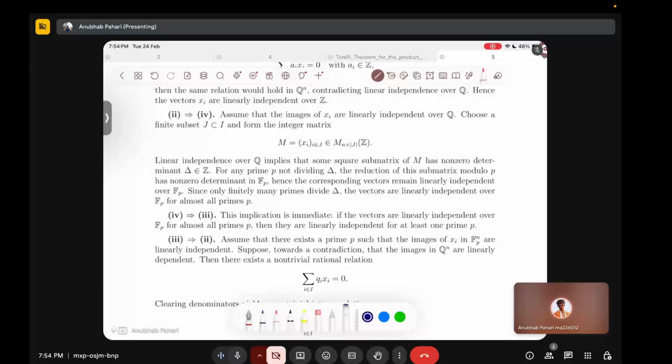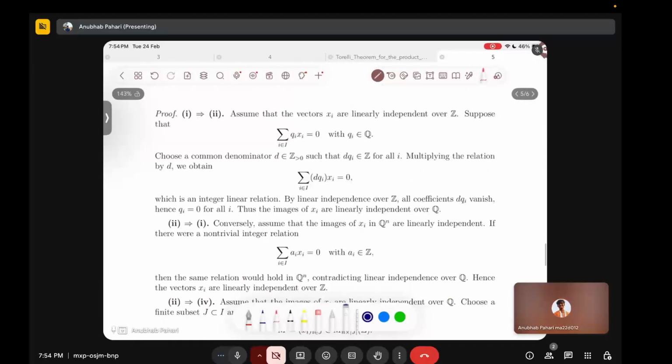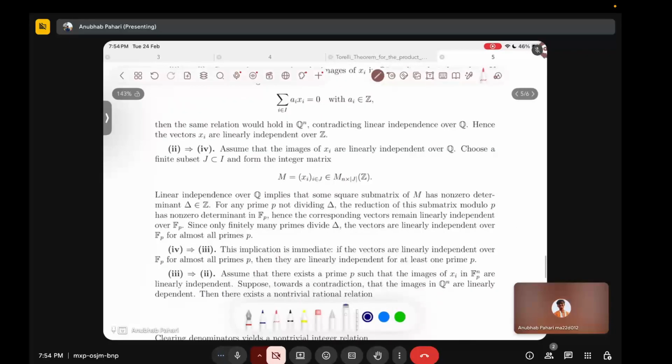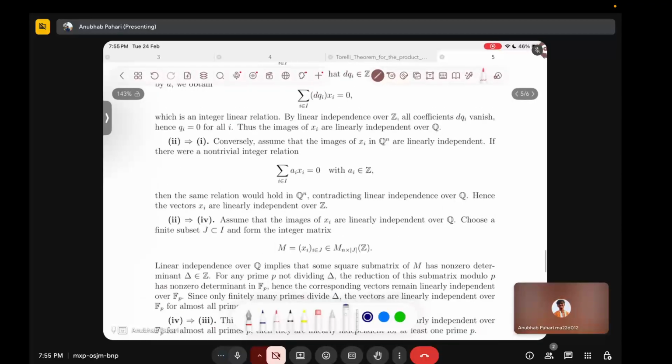And for the option 4 to 3, this is not that non-trivial, because if the vectors are linearly independent over Fp for almost all primes, then they are linearly independent at least over one prime.